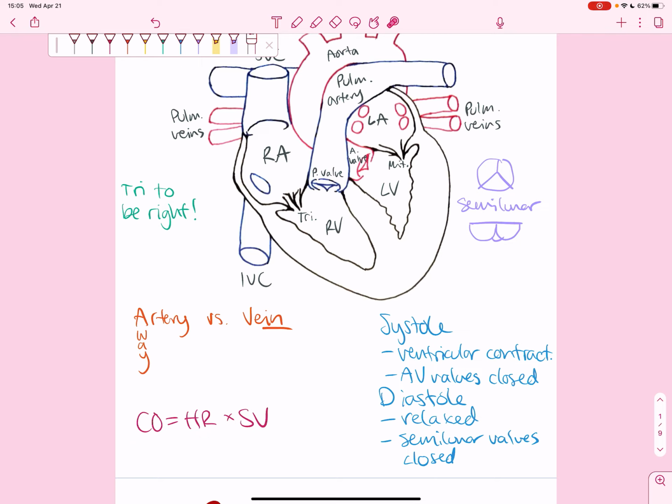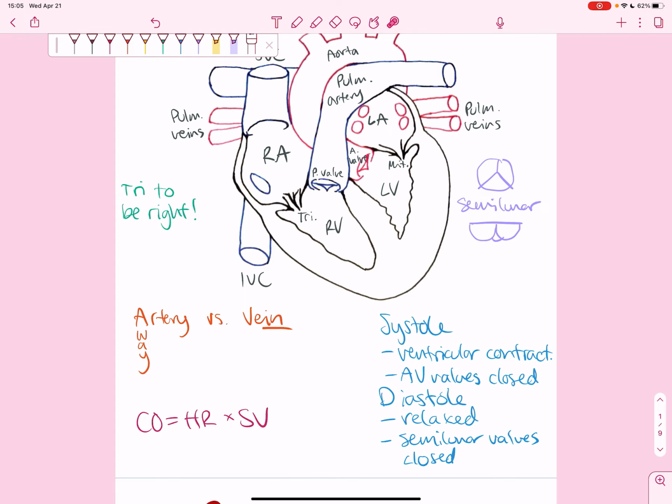What that really means is cardiac output is measuring the volume of blood being pumped by the heart, through both the left and right ventricle, per unit time. So how much blood is leaving the heart per unit time? That's all cardiac output is. And you solve that by doing heart rate times stroke volume.